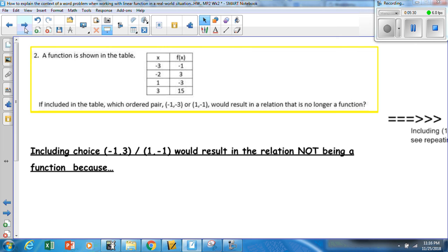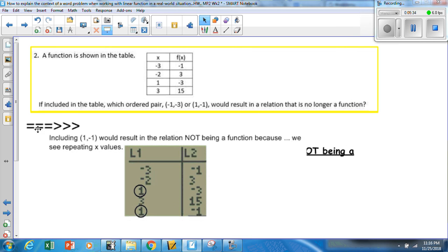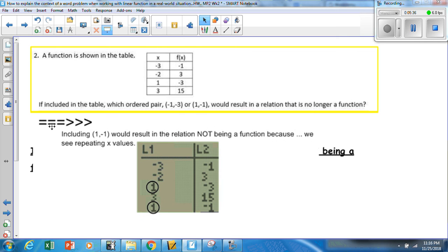Well, it's pretty clear to see that if I add the positive 1 comma negative 1, that's going to be my problem. So the ordered pair which would give us the issue would be positive 1 comma negative 1. We want to stay away from that.